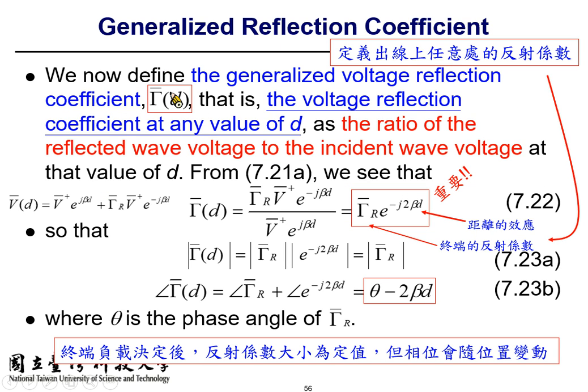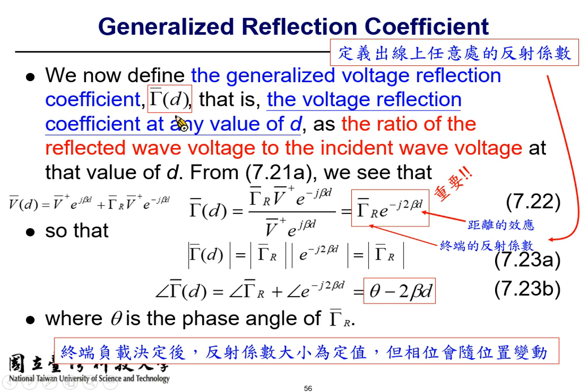So we now define the generalized voltage reflection coefficient gamma(d), which means you don't have to stay at the right end of the transmission line. You can move your observation point to any place on the transmission line, and for any place you can define the reflection coefficient at that particular point.